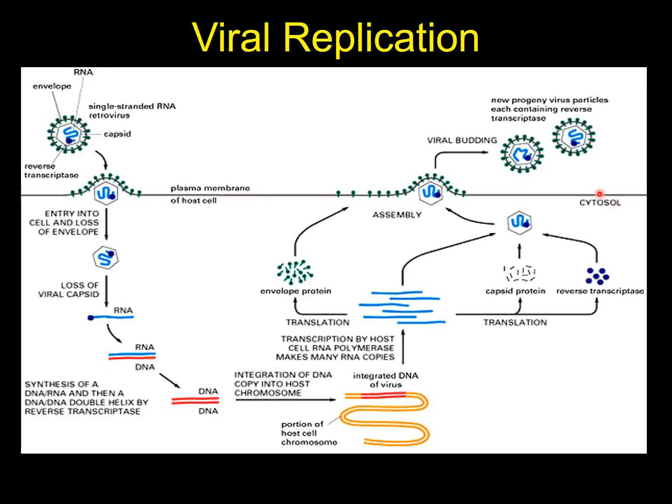So here's your membrane. This is outside. This is inside. Like any self-respecting cell membrane, there are proteins embedded in this membrane. And one of the proteins embedded in the membranes of your T cells, your T lymphocytes, are known as CD4 receptors. You see them sticking up here like little green things.